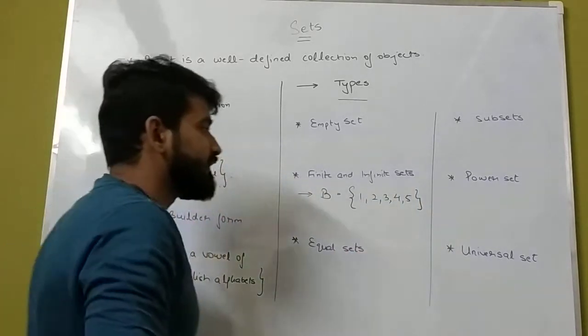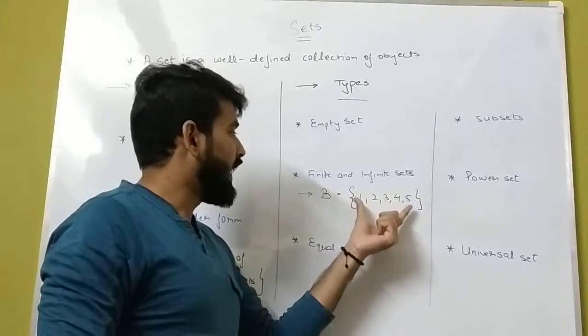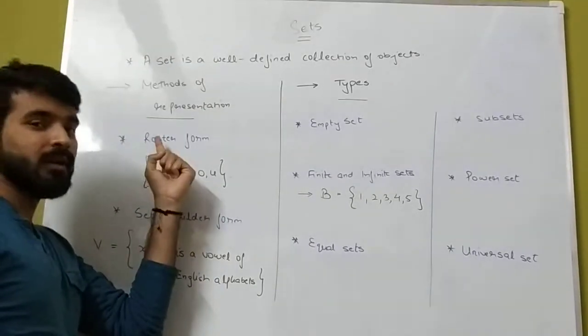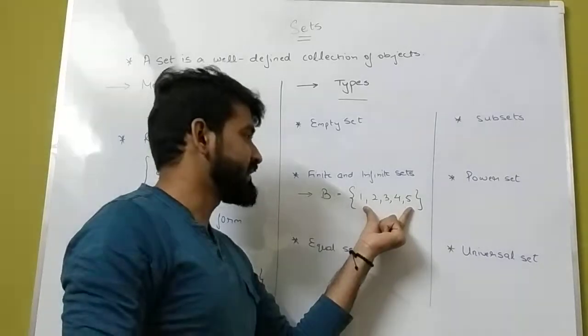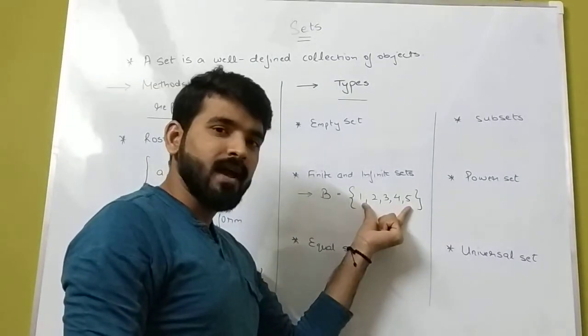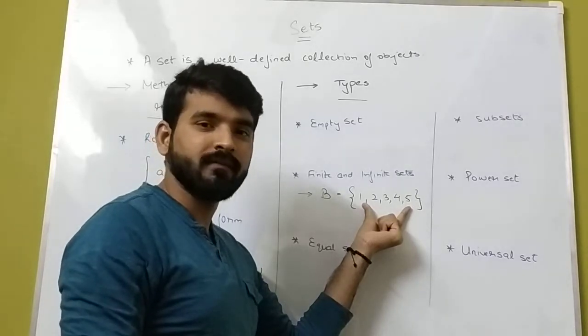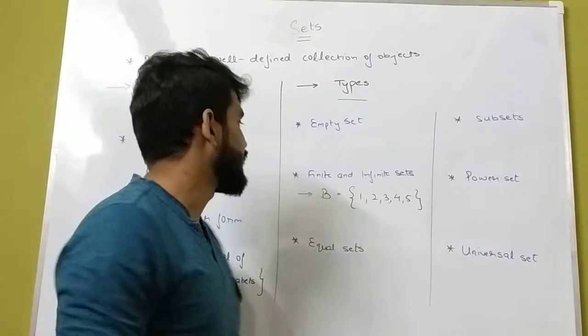So we have only 5 elements in this set, which is B. We can represent this in either the set builder form or the roster form. If I need to define this set, I can say that it is a set of natural numbers up to the number 5. So 1, 2, 3, 4, 5 are the elements of the set.